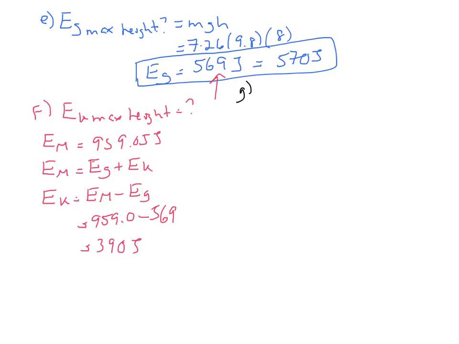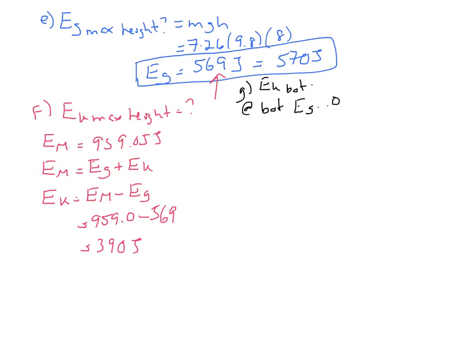G. What is the kinetic energy of the shot just as it strikes the ground? So in this case, we're looking for EK at the bottom. And when it reaches the bottom, there's going to be zero potential energy, right? So at the bottom, EG is going to equal 0. There's going to be no height left.